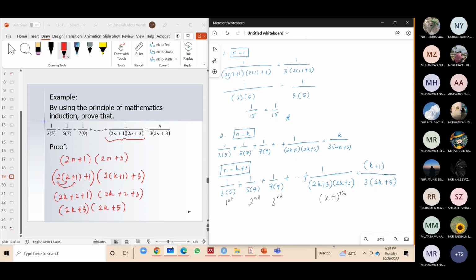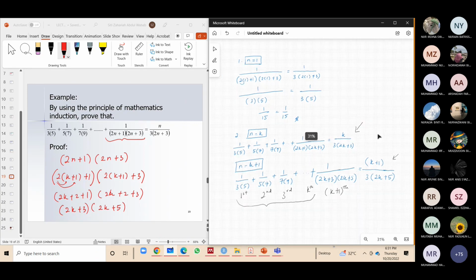Summation of all these numbers is equal to (k+1) over 3 times (2k+5). Before the (k+1)th number, there must be the kth number. The summation from the first to the kth number, the total is in the second step.